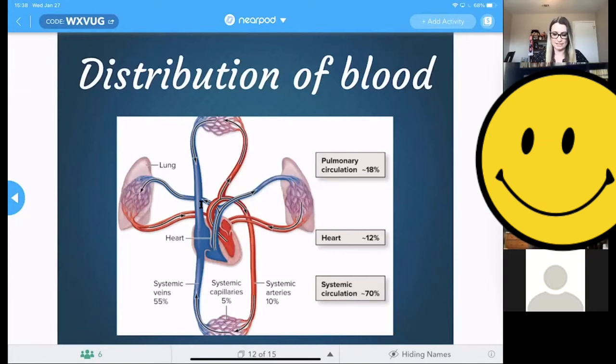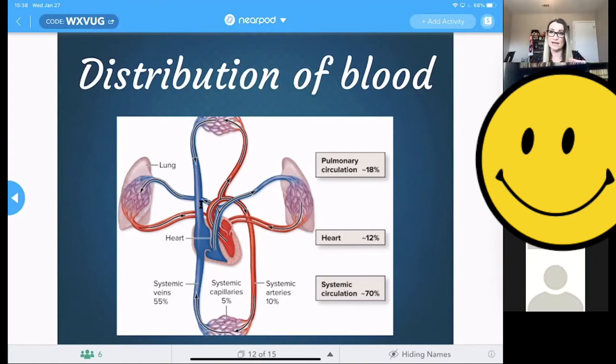If we look at the systemic circulation distribution, we'll see that arteries only have about 10% of the total blood volume. Systemic capillaries, about 5% of our total blood volume. And most of our blood is located in the systemic veins. Okay, so that's an important thing to know as well. Know where most of the blood is located, and it would be in our systemic veins.